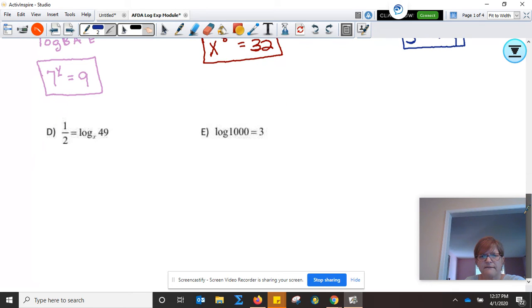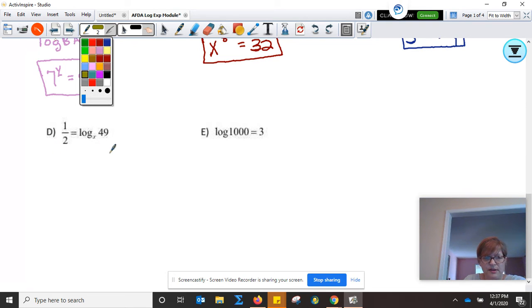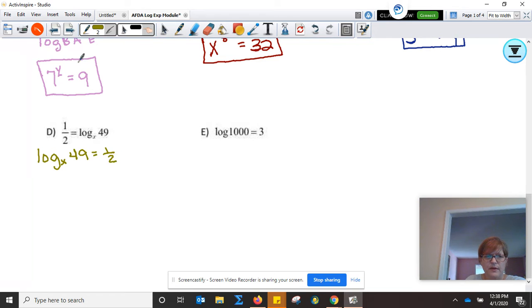Okay, now that you've resumed, let's look at D and E and see if you got those correct. I'm going to rewrite this into log BAE form. Log base x of 49 equals 1/2. Remember log BAE, B-A-E. So we have x to the 1/2 power equals 49.